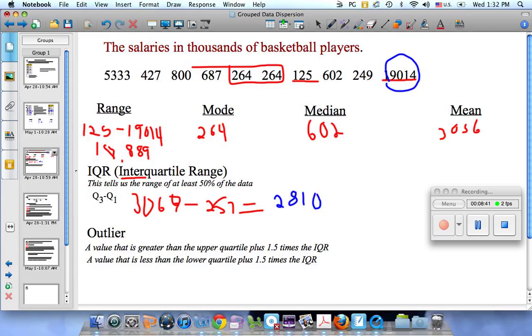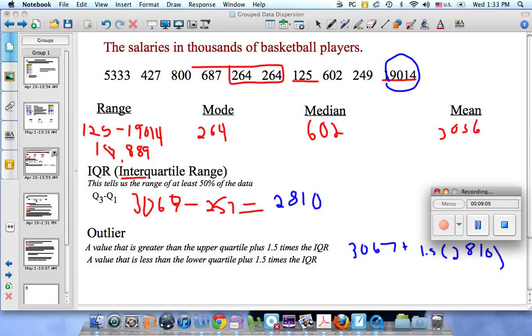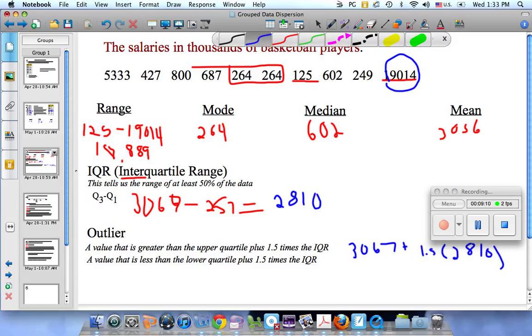All right, so that simply means the upper quartile, which we found out to be 3,067, plus 1.5 times our interquartile range, which was 2,810. All right. And when we do that, we get 7,282.